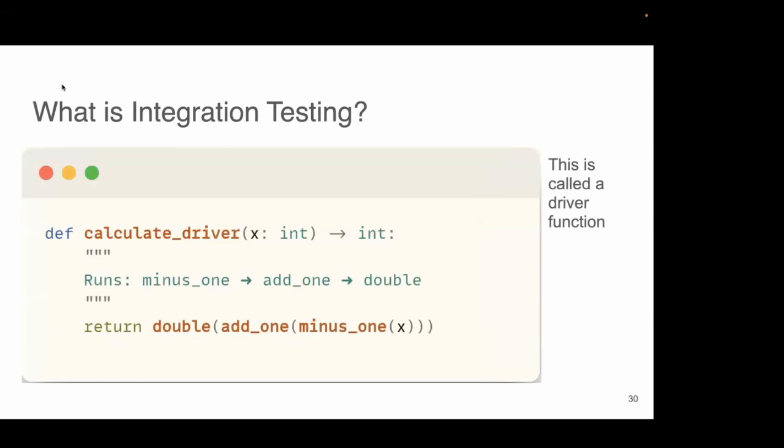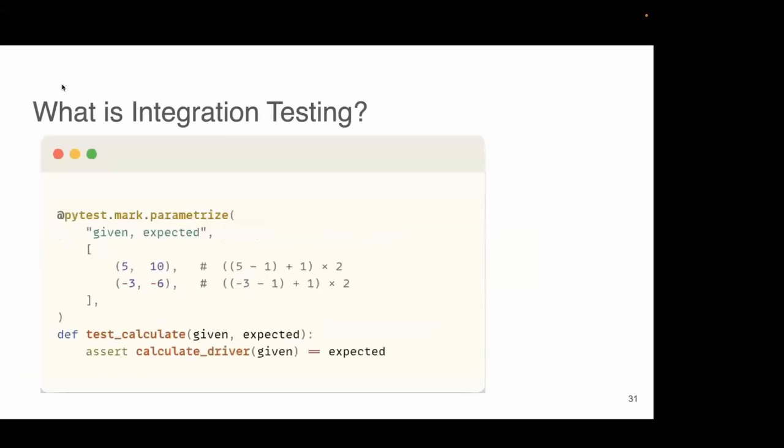Now that we have the driver function, you should have seen parameterization in the previous session. We can now pass this driver function some input data. We label the inputs given and expected. So we give it an input of 5 and we expect an output of 10.